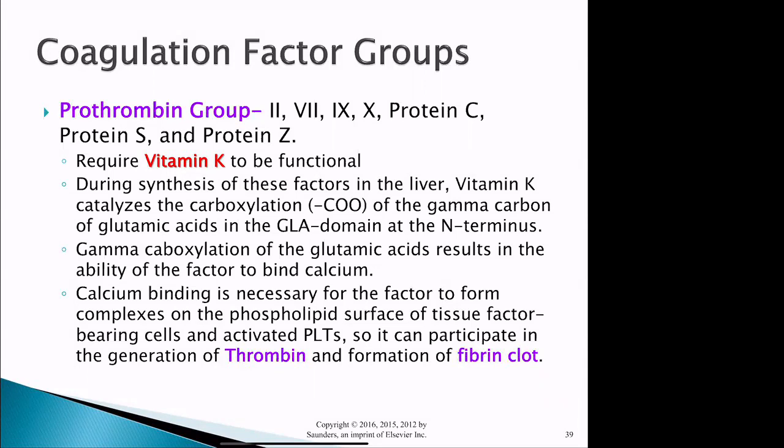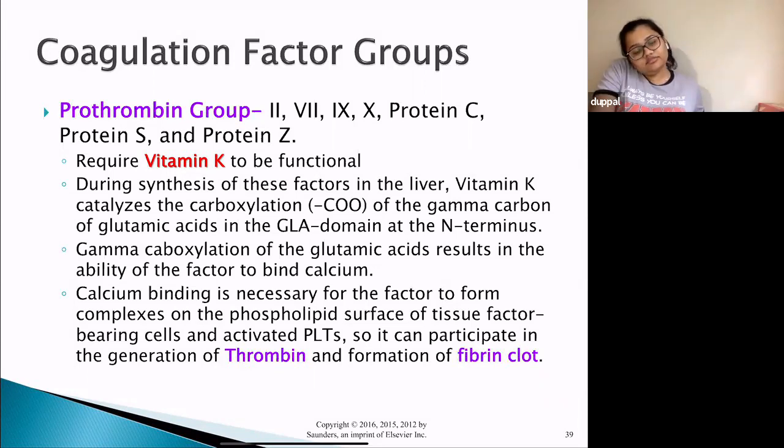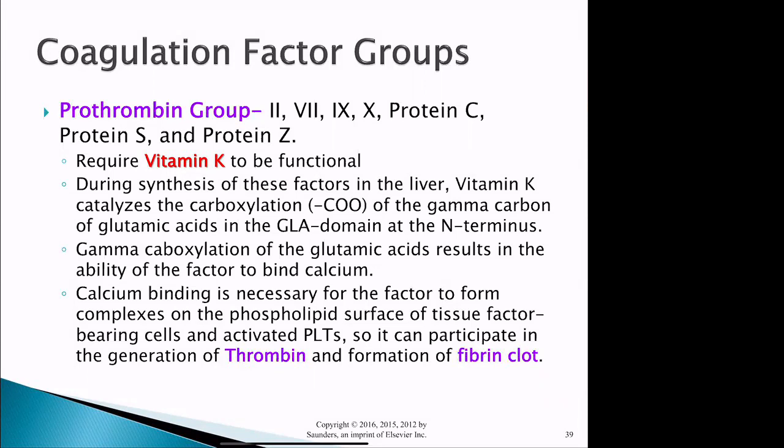Otherwise, they cannot bind to calcium. And again, what do we need calcium for? Clotting, right? So we need the factors, we need calcium, and we need a phospholipid surface from the platelets.